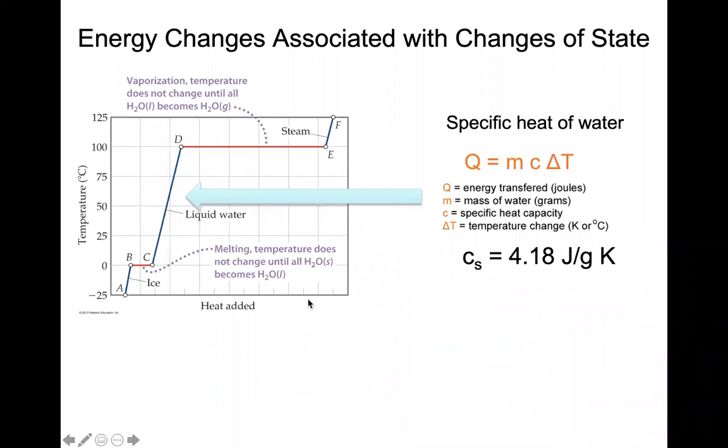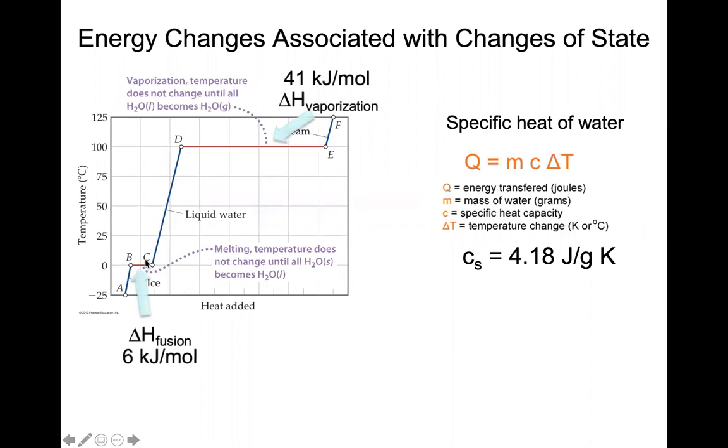If we're having a phase change, that's called the heat of fusion if we're doing the melting, or the heat of vaporization when we're boiling it, when it's vaporizing. One thing to note within those, notice how those values don't include any delta T. It's just a certain number of kilojoules per mole.